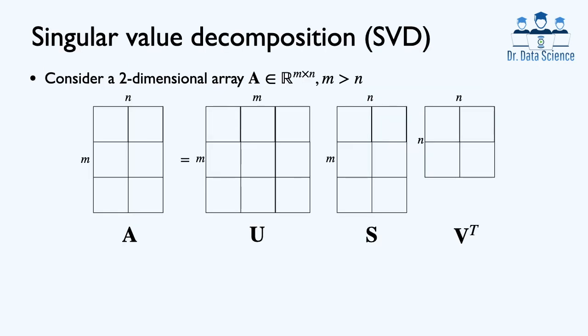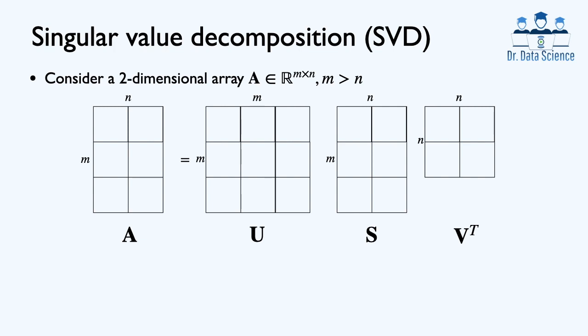Let's consider a matrix of size m by n, which we call here A. If you're familiar with NumPy, A is also called a two-dimensional array because we have two axes, one for the rows and the other one for columns.